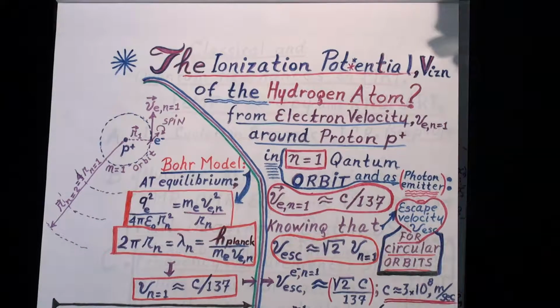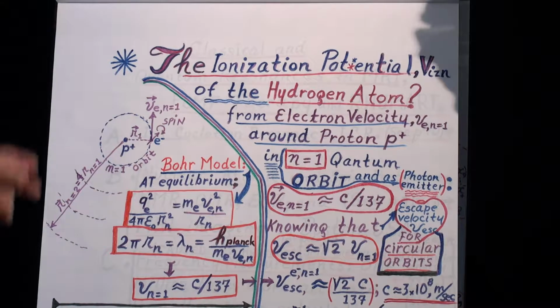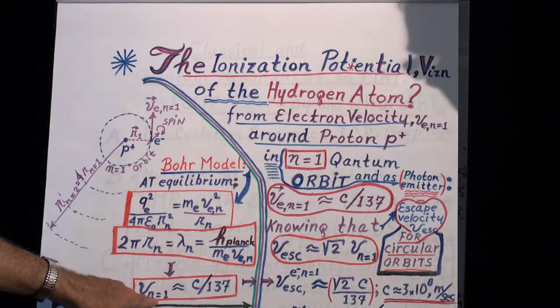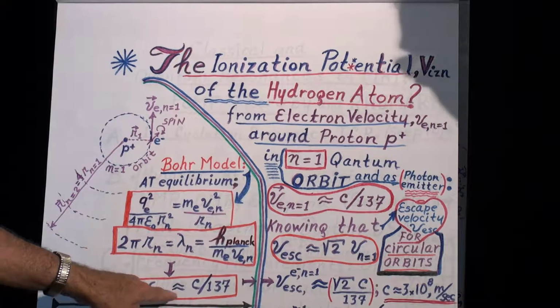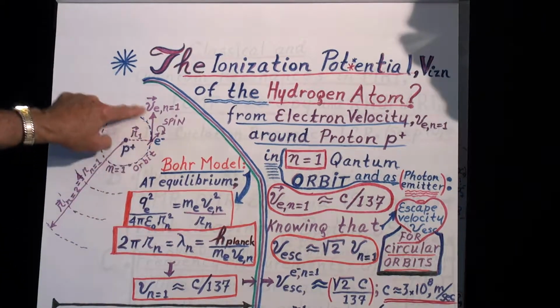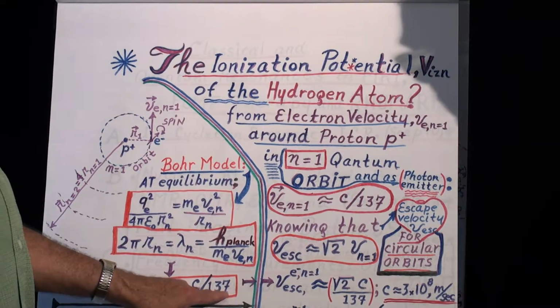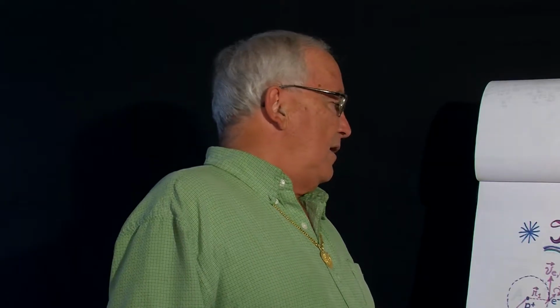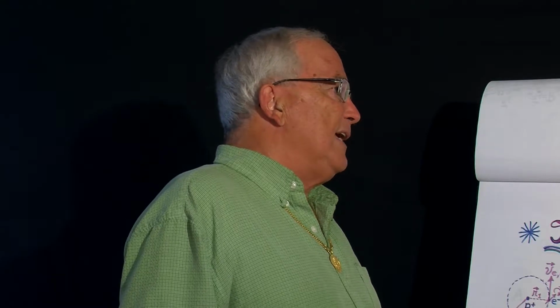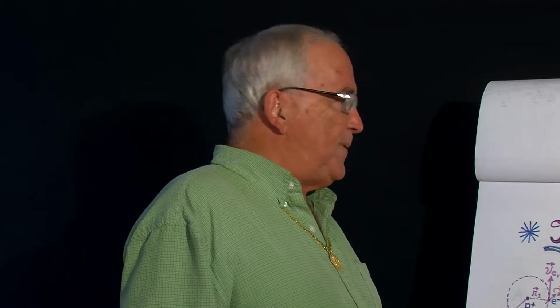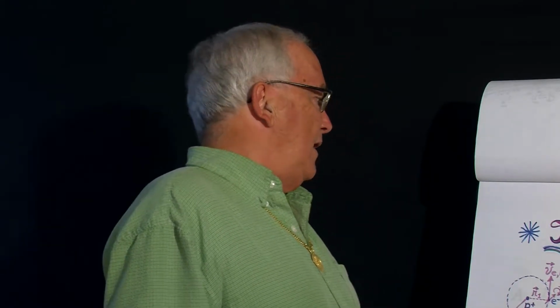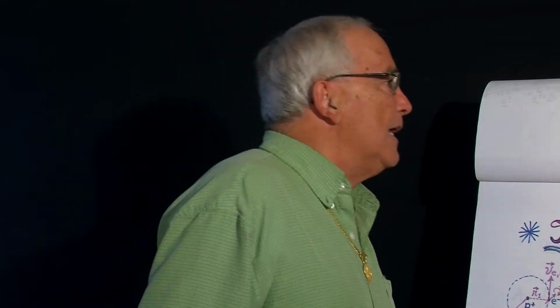So I just asked myself, well, we know the velocity of the electron on the first orbit of the atom. It's about 1/137th the speed of light. It's real fast. The speed of light being about 300,000 kilometers per second.